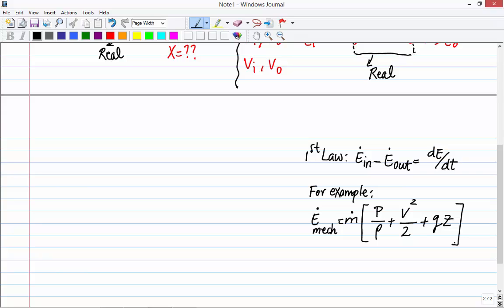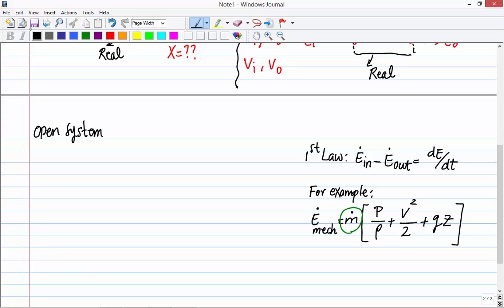Now here I'm still talking about an open system. When you see m dot here, it means there is a flow coming in or leaving the system, so the system should be open.